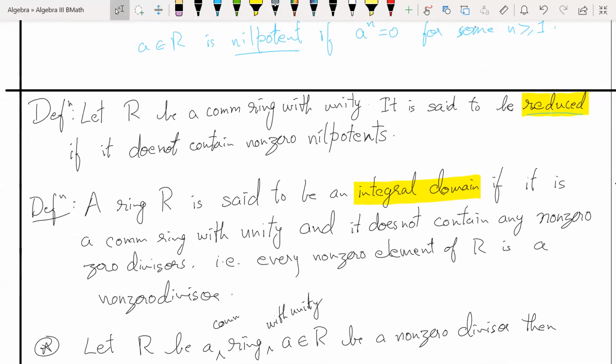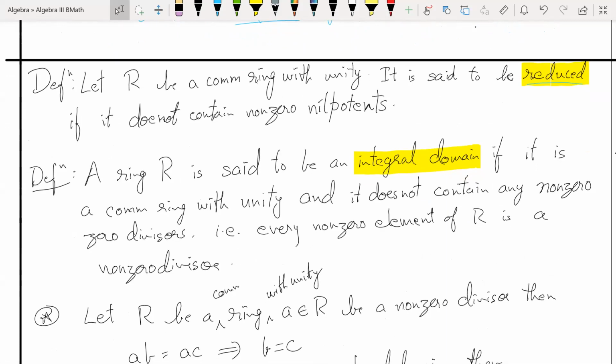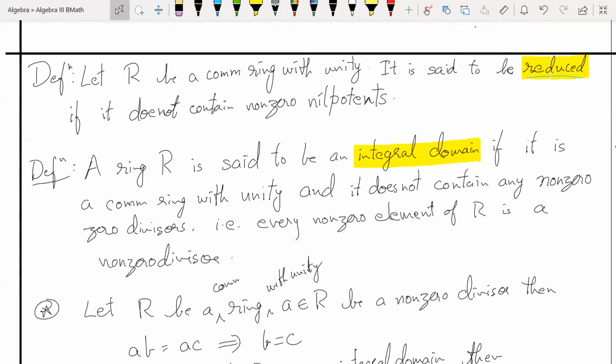Last time we also saw that nilpotents are zero divisors, and that units in a ring are non-zero divisors. Units have this property that if A times B equals A times C, then B equals C. This property is true for a non-zero divisor as well.